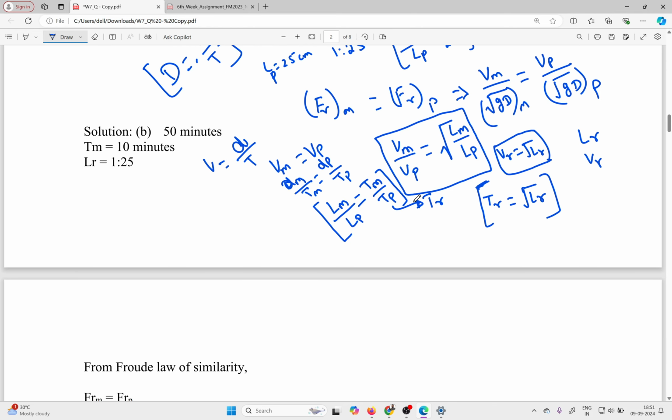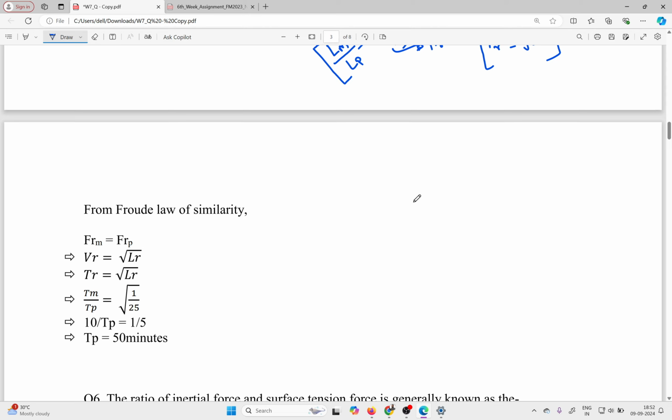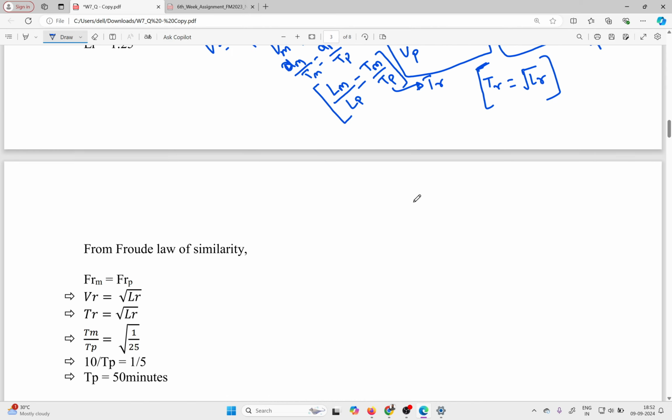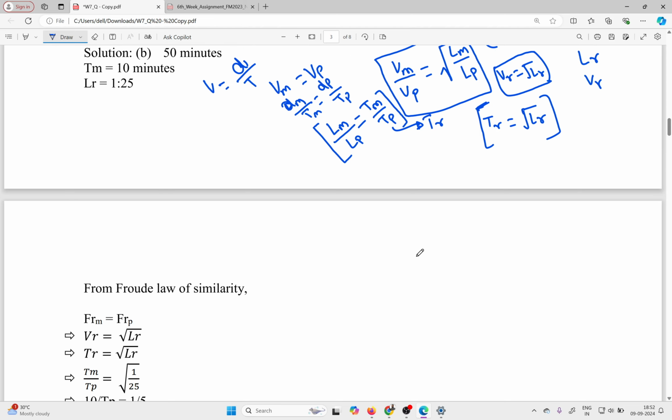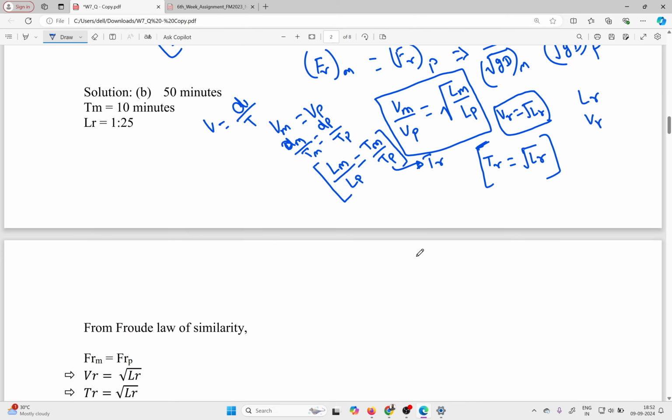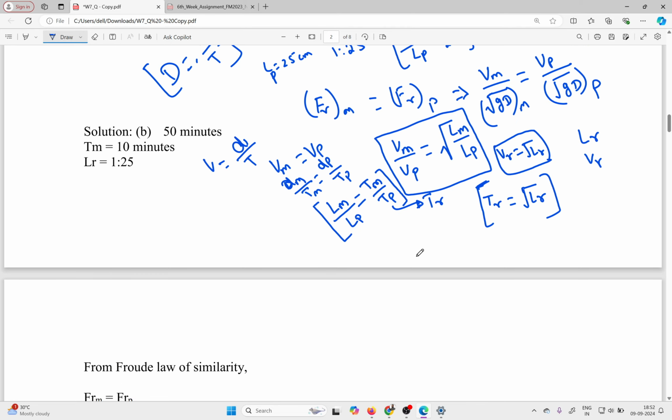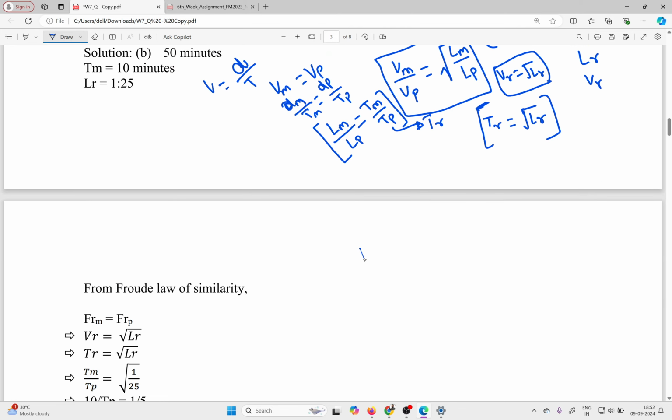Now the value is given. Let me write this thing again. Vm by Vp is equal to root of Lm by Lp.